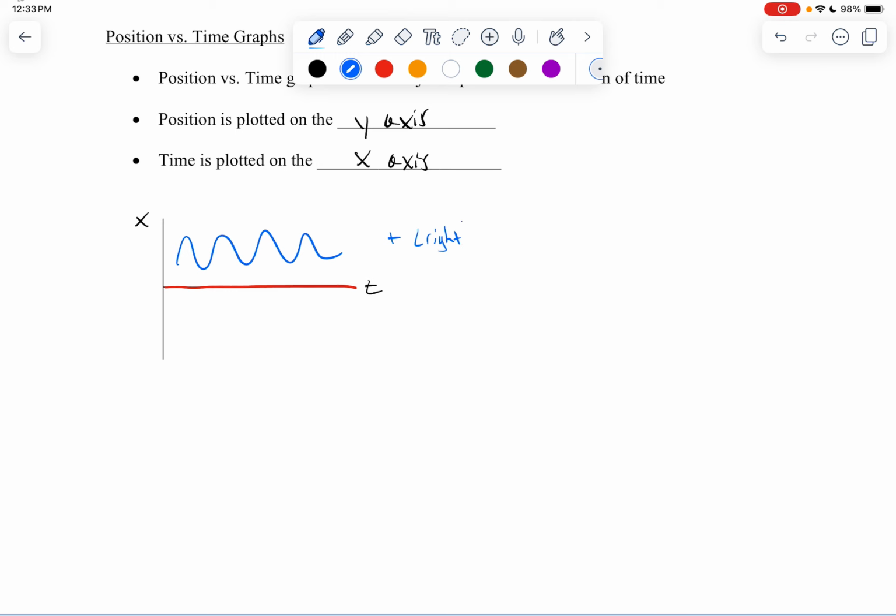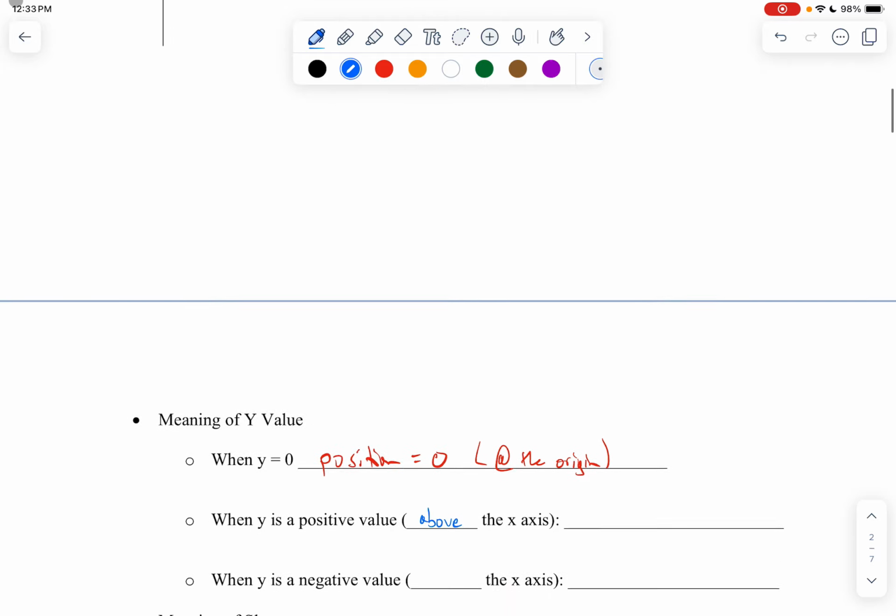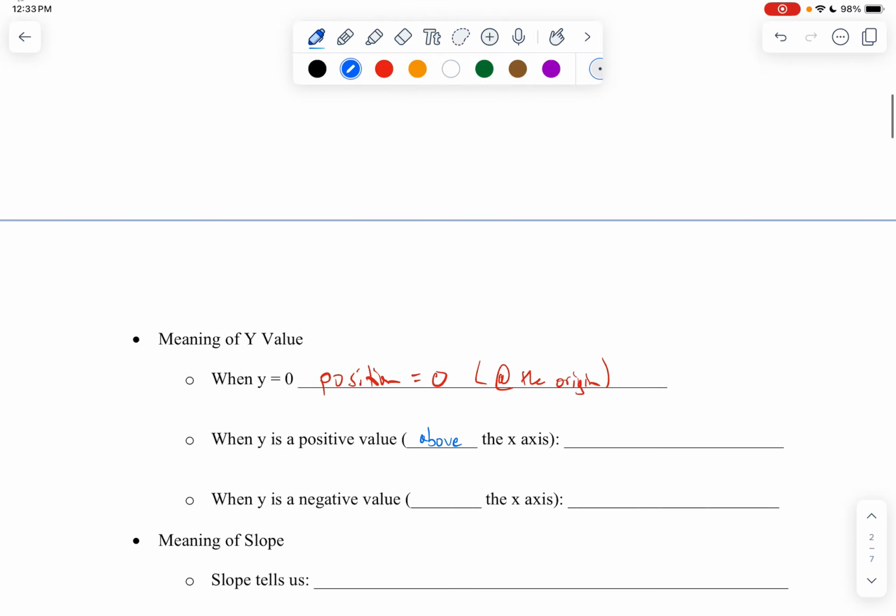Maybe we have an object that's moving upwards, or we could be thinking of forward, backwards. Whatever we're defining as our positive direction is when we're above our x-axis. Again, this is telling us where our object's position is, located in the positive direction relative to the origin.